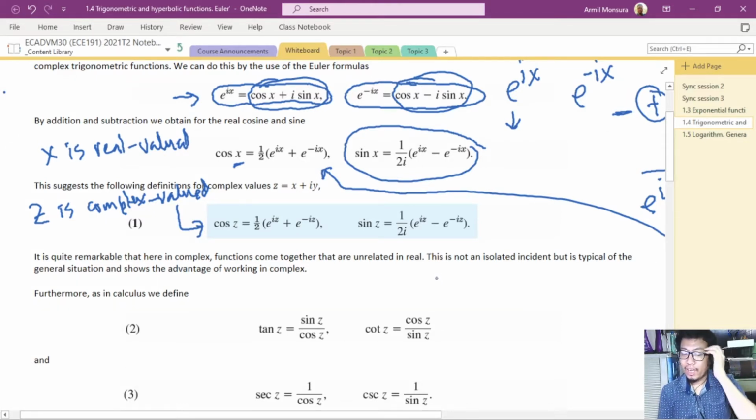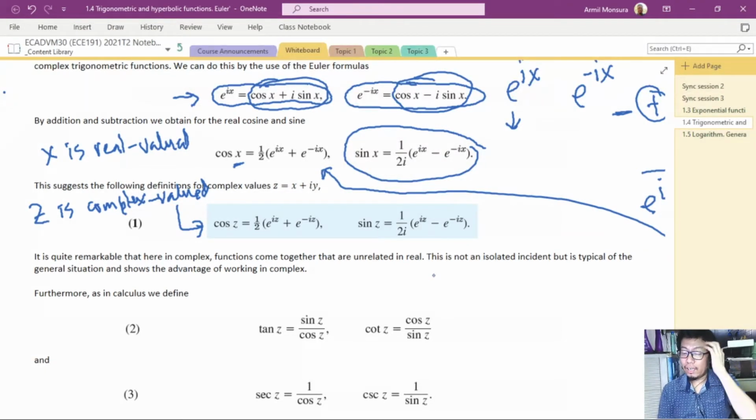So, in the realm of real numbers, we simply don't have the means to connect exponential functions and trigonometric functions. They are completely unrelated, but that is only in the case of real numbers.